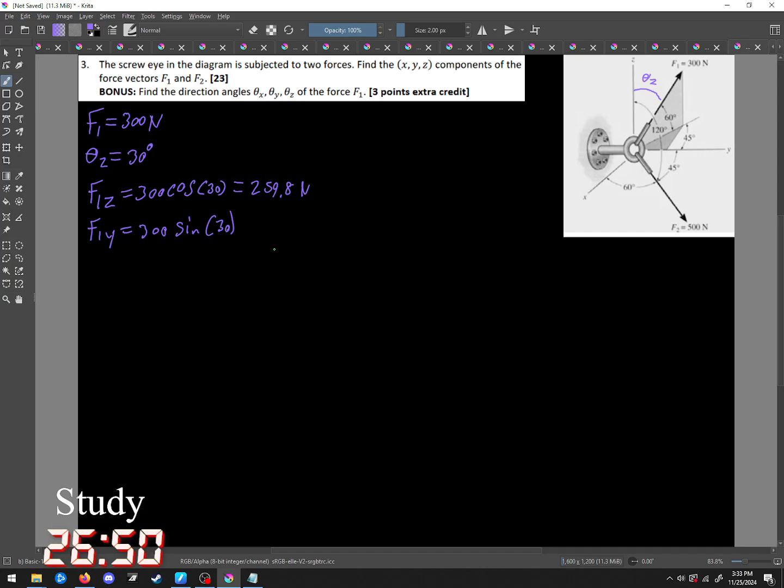Yes, so Fx is actually F sine theta y cosine phi. They call this theta z. The only reason this is theta z is that the z-axis is here, the y-axis is here, and this is the x-axis. So they messed our axes around.